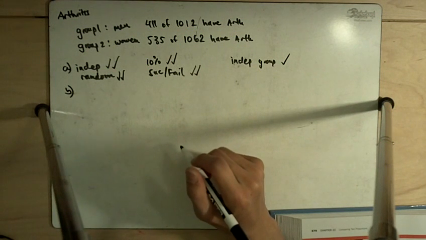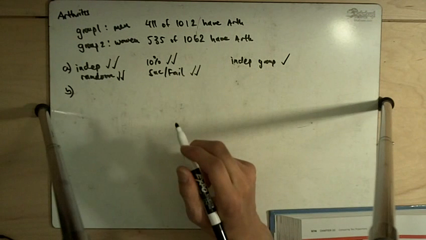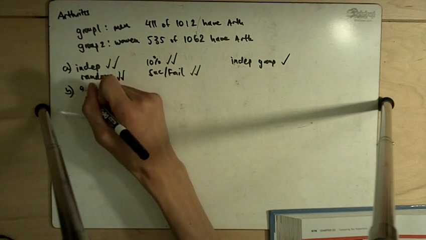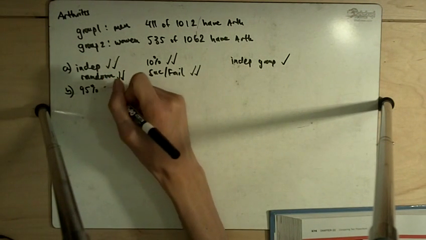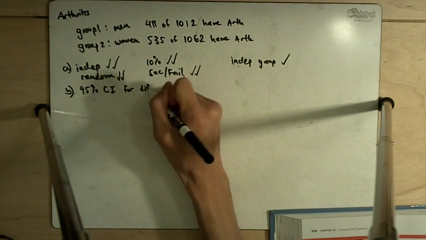It says create a 95% confidence interval for the difference in the proportions of senior men and women who have this disease. So we're going to make a 95% confidence interval for the difference in proportions.